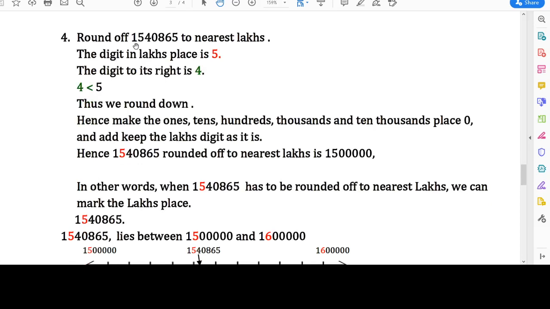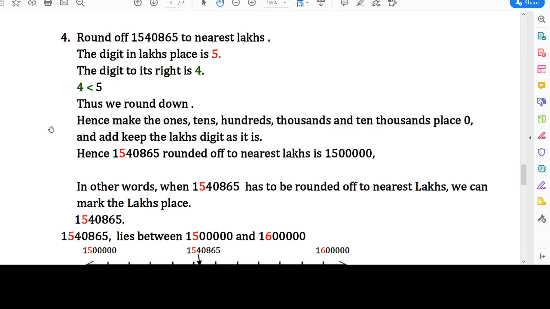Here we are rounding off 15 lakh 40,865 to nearest lakhs. The digit in the lakhs place is 5 and the digit right to it is 4. 4 is clearly less than 5, hence we round it down.